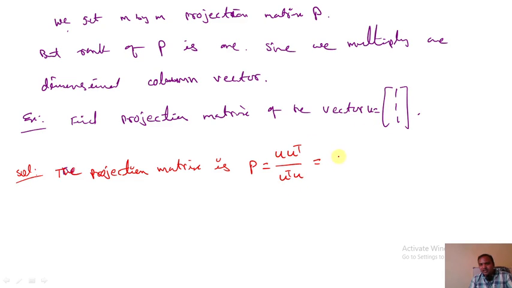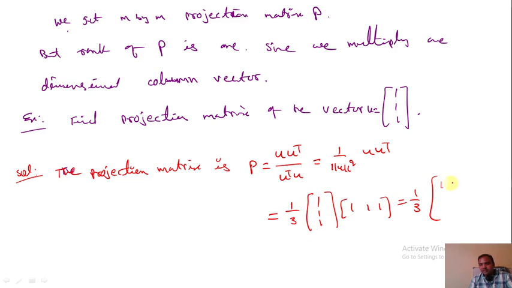That means you can also write it as norm U squared. So this is equal to 1 by 3 into U U transpose, where U is 1 1 1. Now multiply this: 1 by 3 into the 1 1 1 column times the 1 1 1 row. You get all entries as 1.